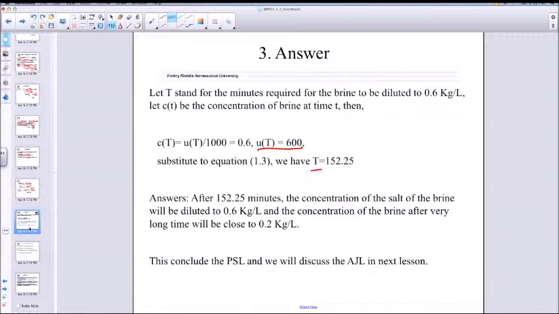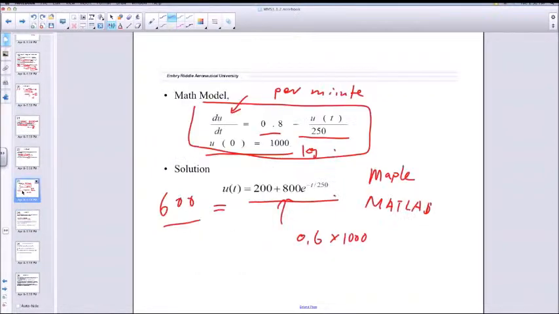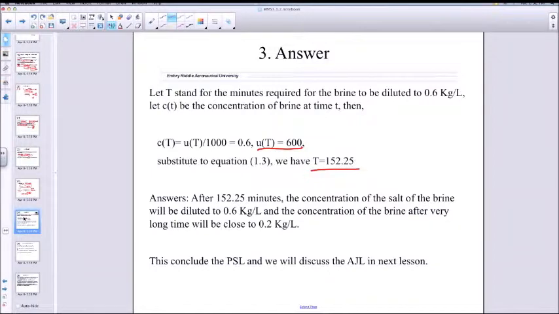And then you can solve this by the logarithmic function. So you get 400 equal 800 e to the negative t over 250, and you solve for t, which equals 152 minutes. Now you can answer the question as originally asked.